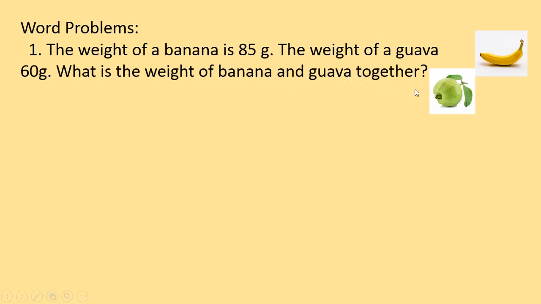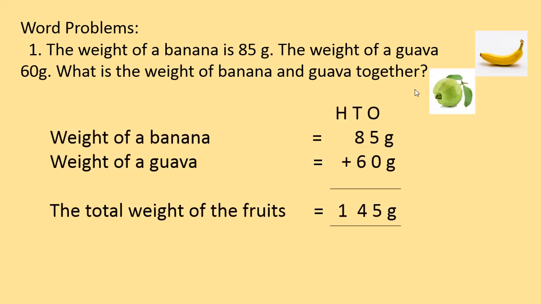Together means we have to add the two weights. First we write the statement. Weight of a banana: 85 grams. Weight of a guava: 60 grams. So the total weight of the fruits, if you add 85 plus 60, is 145 grams.